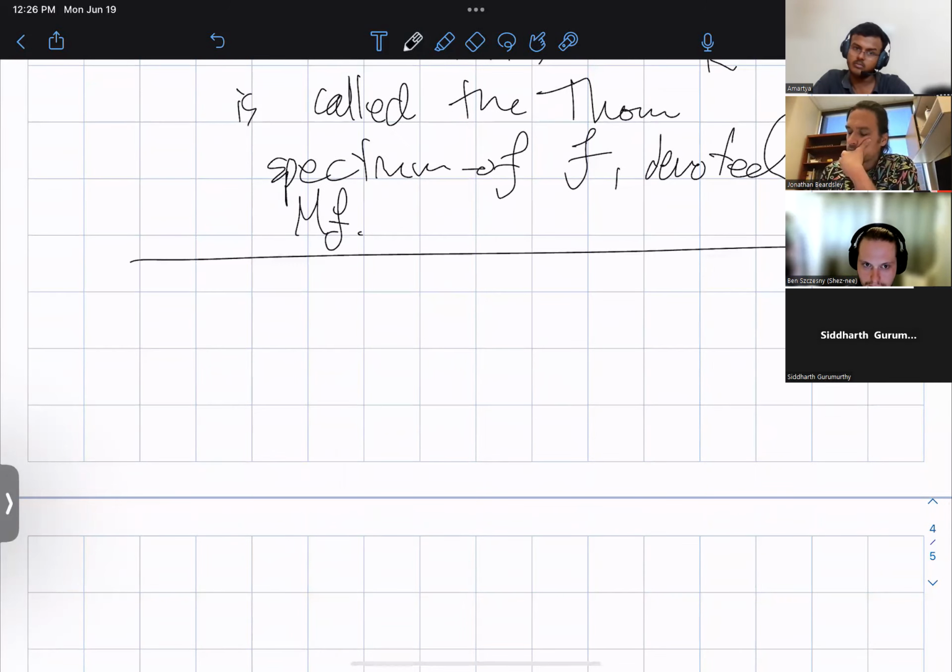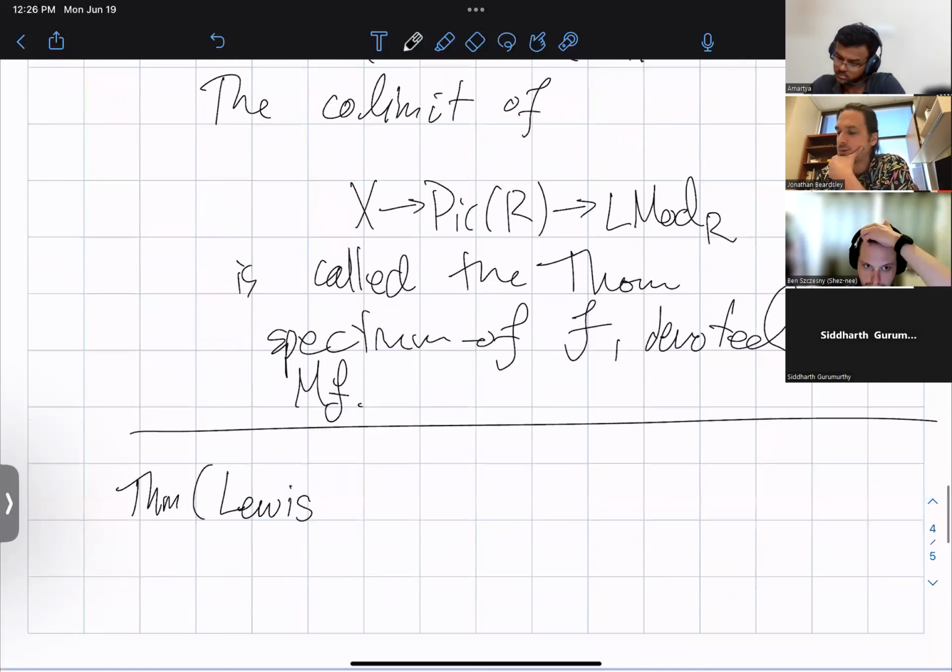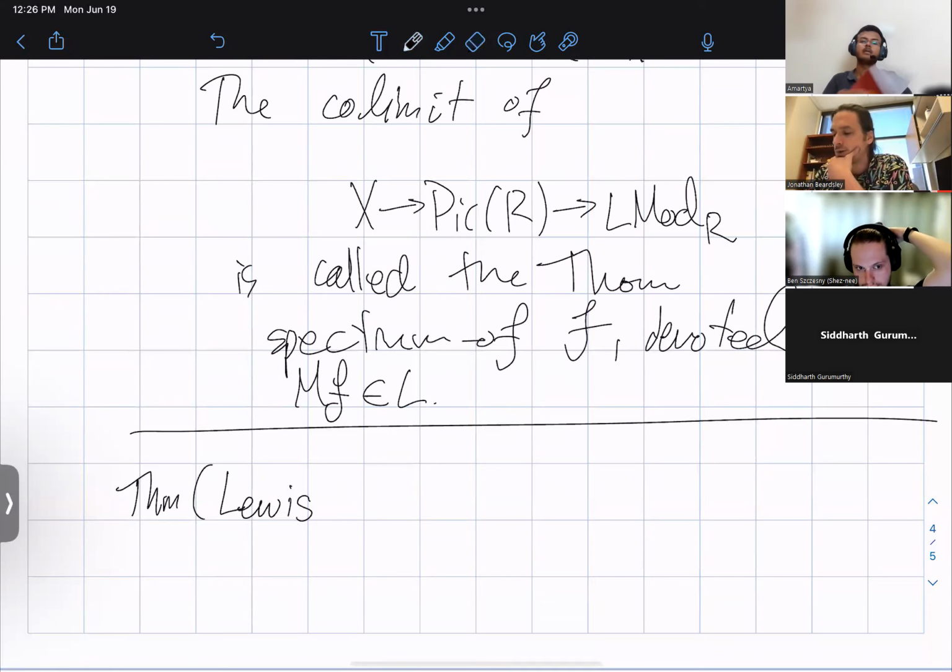So there's some nice things about this spectrum. Oh, and maybe I should say, notice here that this will be relevant later, MF is, of course, an R module.